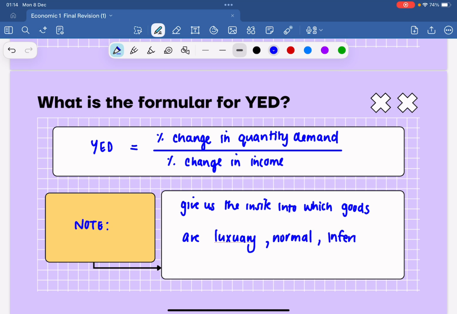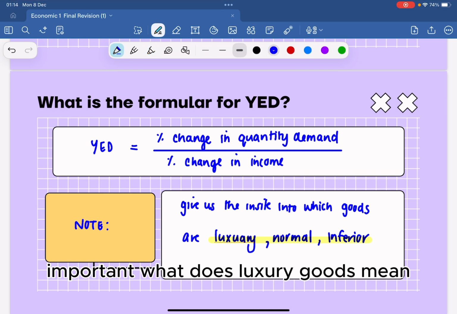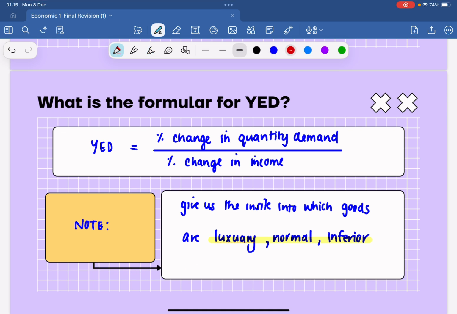Inferior. This is important. What does luxury goods mean? You guys know. Expensive. High-end.